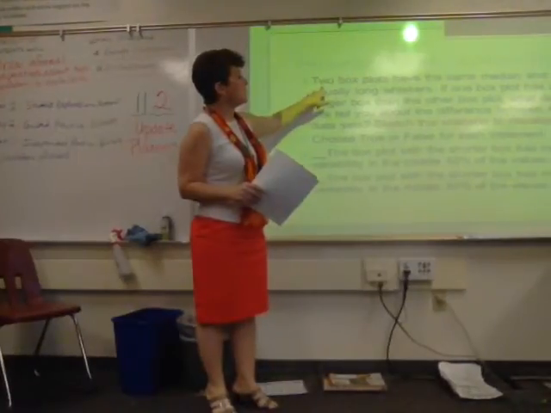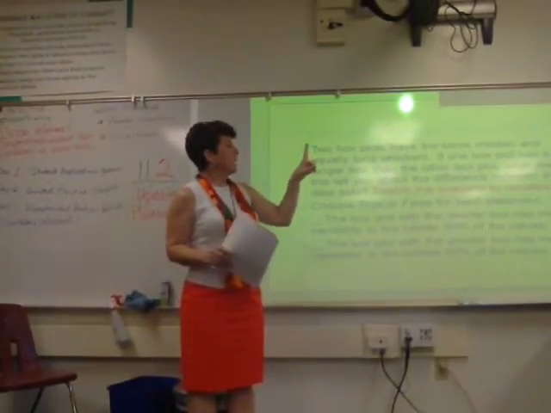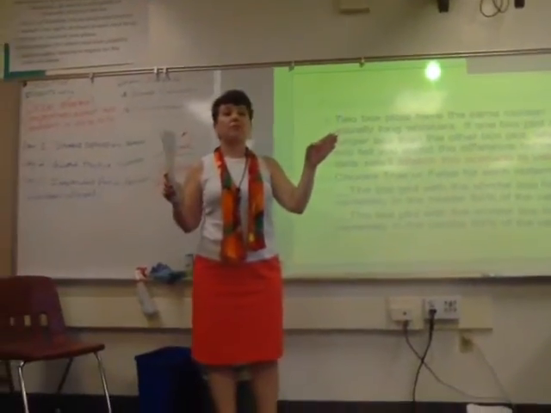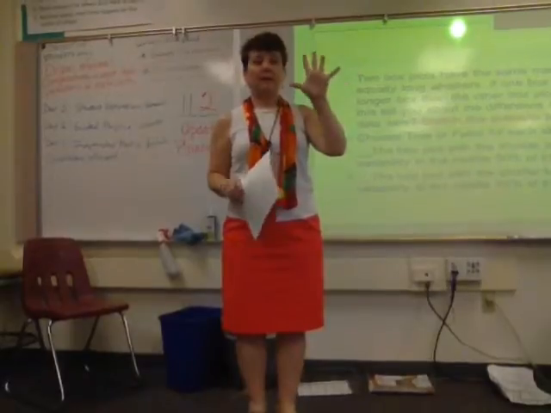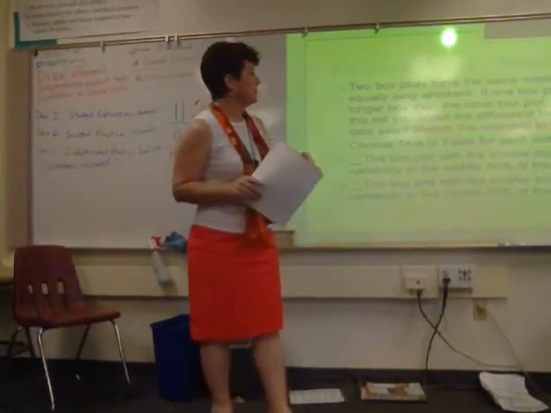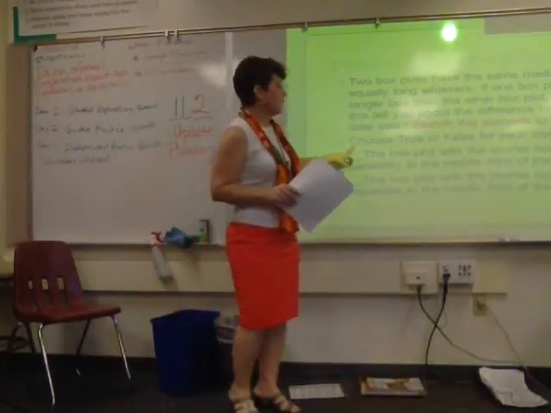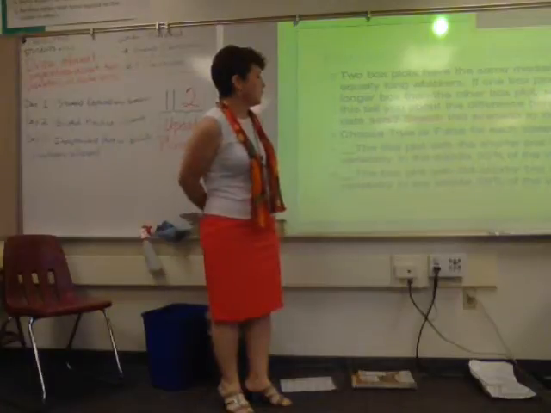Sketch the scenario. Two box plots have the same median, but one has a longer box. You know a box plot has 5 key points, and you're creating a sample box plot. I want to know true or false for each of these.